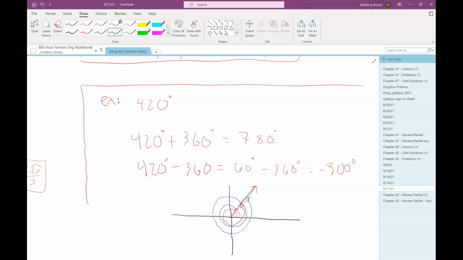And then negative 300: negative 90, negative 180, negative 270, and 30 more.